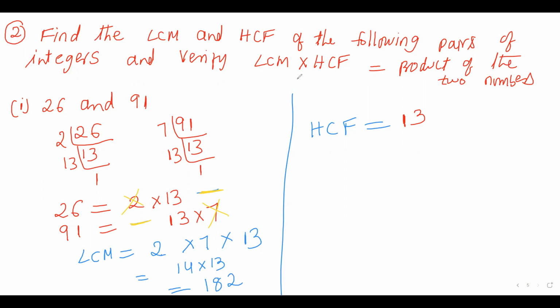Now I need to verify the given formula. What is the given formula? LCM into HCF is equal to product of the numbers. In the given numbers, 26 is A, 91 is B. I got LCM as 182, HCF as 13.